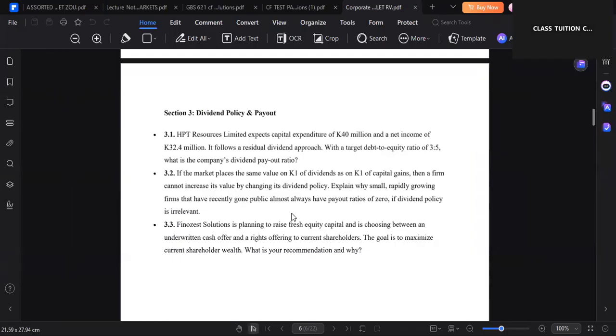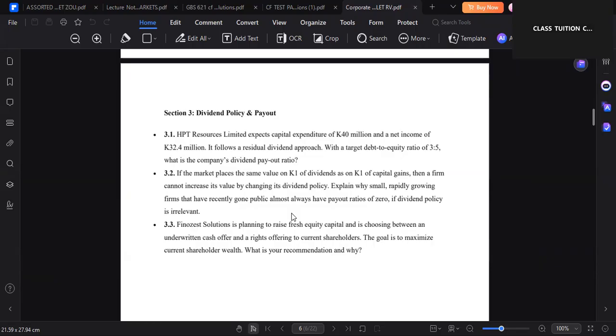So HPT Resources Limited expects a capital expenditure of 40,000 and a net income of 34.4 million. It follows the residue approach, which suggests a debt to equity ratio of 3 to 5. What's the company's dividend payout? If the company places the same value of 1 kwacha of dividends on 1 kwacha of capital gains, then a firm cannot increase its value by changing its dividend policy.